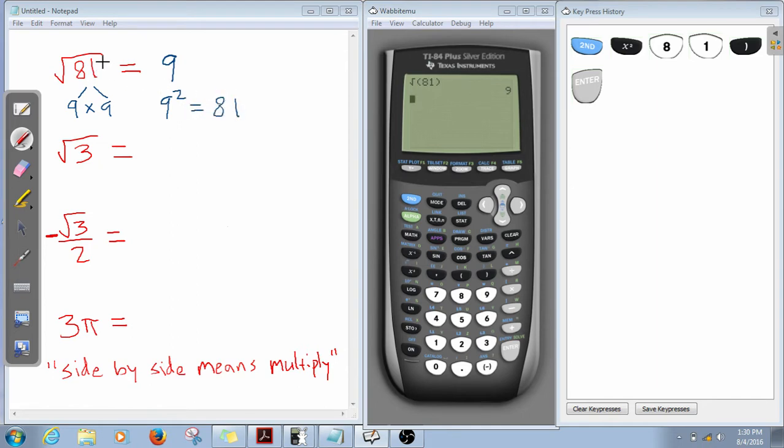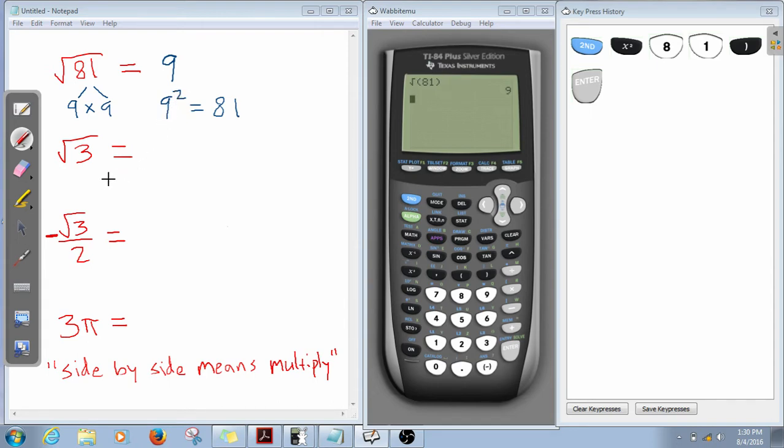So they're opposites. I can square 9 and get 81, or I can square root 81 and get 9. They're opposites, the same way multiplying is the opposite of dividing, adding is the opposite of subtraction. Well, square roots and squares are opposites.